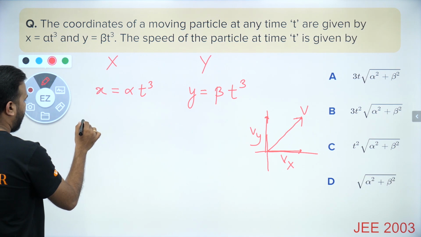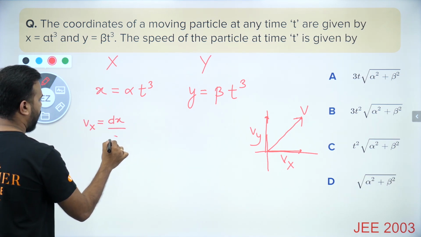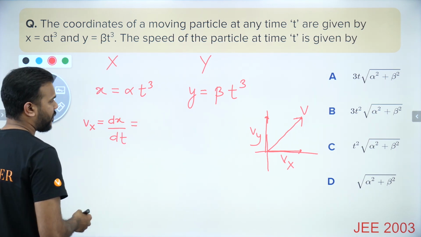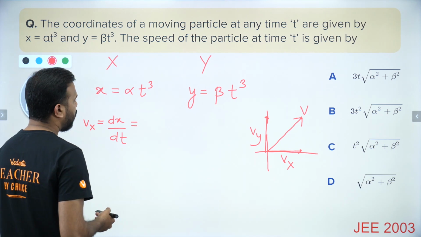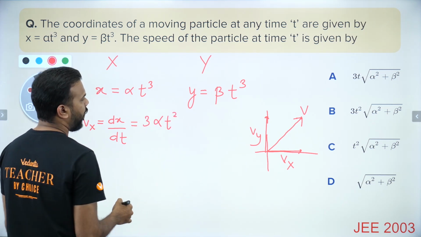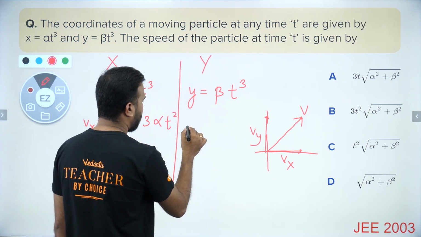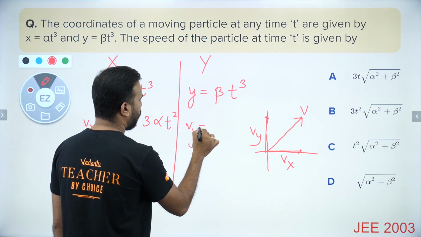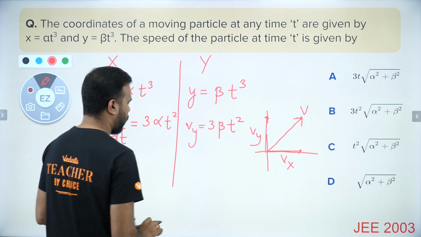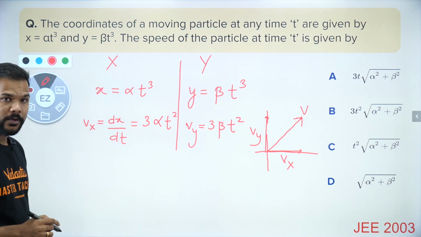So when we write Vx, that's basically dx by dt, and that is very simply, alpha is a constant, t cube's differentiation is 3t square, so you have 3 alpha t square as the value of Vx, and if you speak about Vy, that will come out to be 3 beta t square. Okay, so guys, we have the values of the x and y components of the velocity.